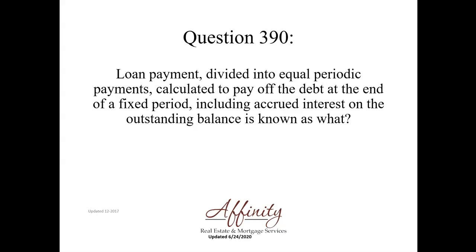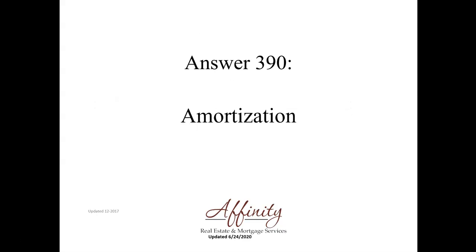Question 390. Loan payment divided into equal periodic payments, calculated to pay off the debt at the end of a fixed period, including accrued interest on the outstanding balance, is known as what? That procedure is known as amortization.